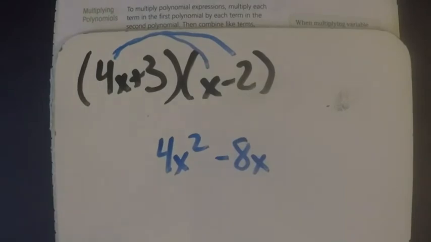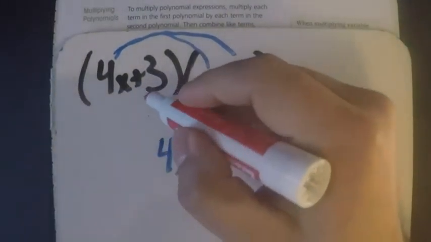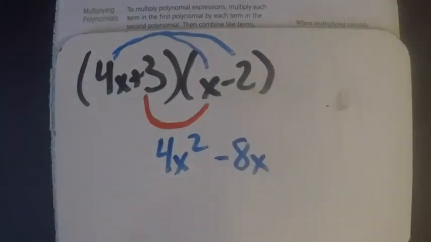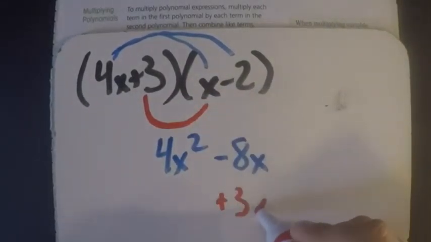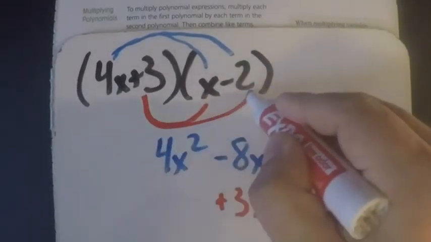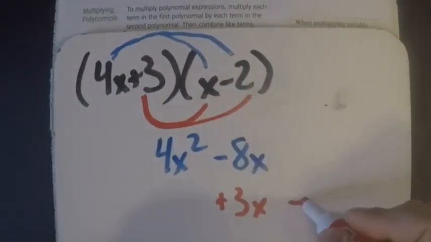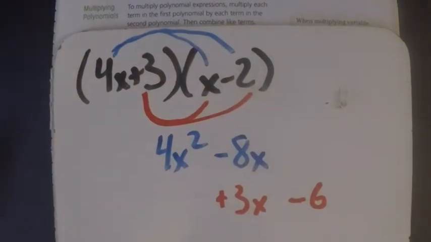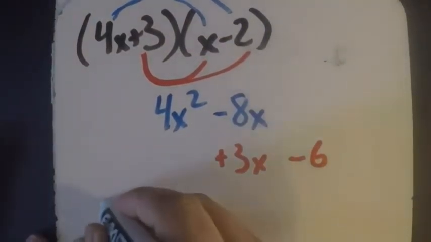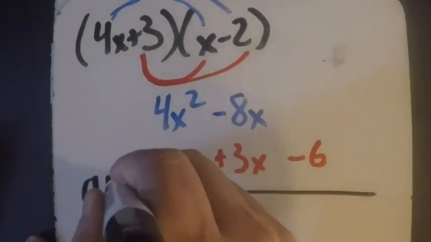Then we'd switch it up and take a look at 3 and go underneath here. So 3 times x is going to be a positive 3x. And then 3 times negative 2 is negative 6. Then we went through and just went down again, and we collected our like terms.